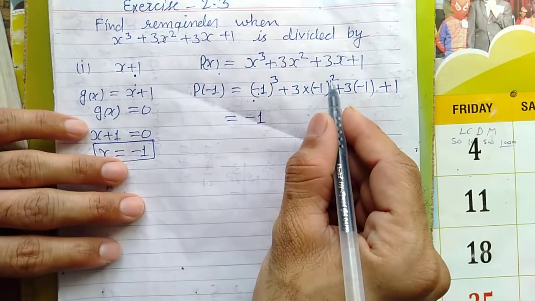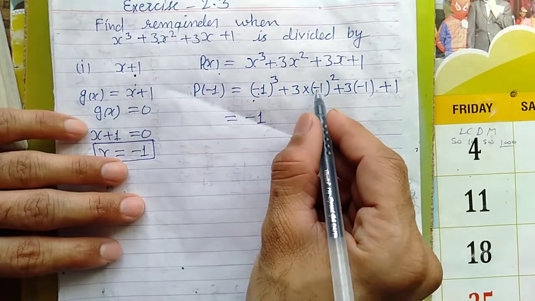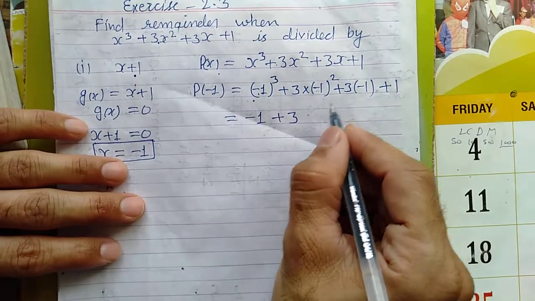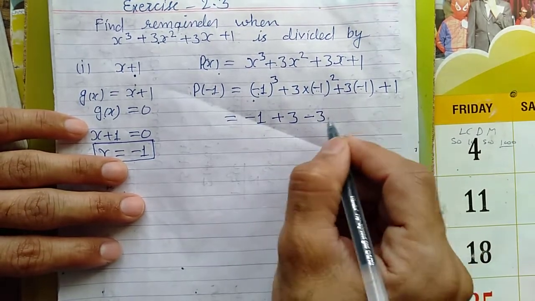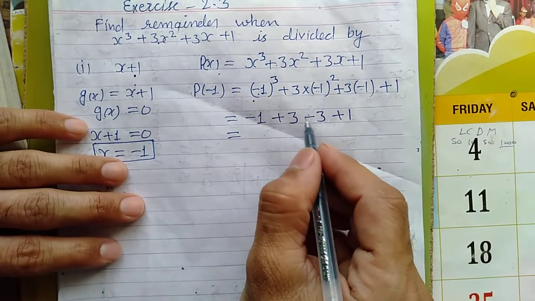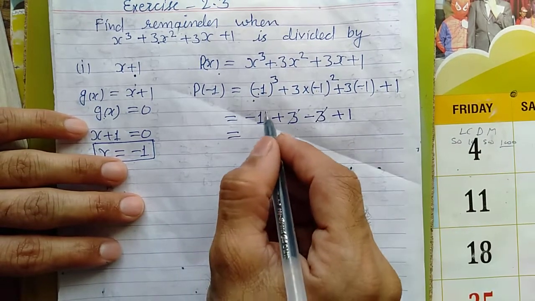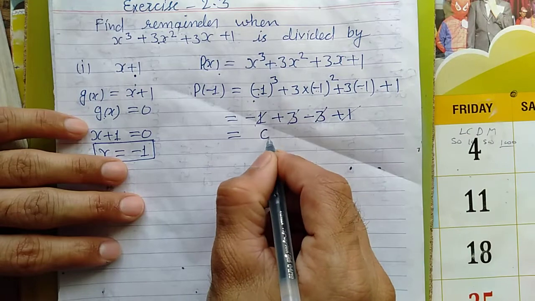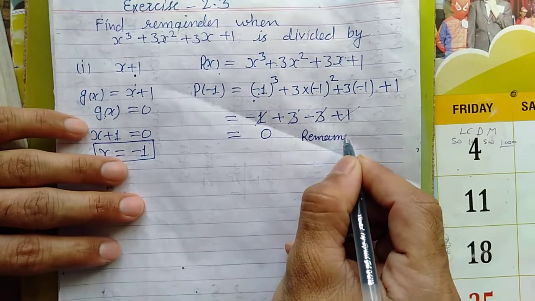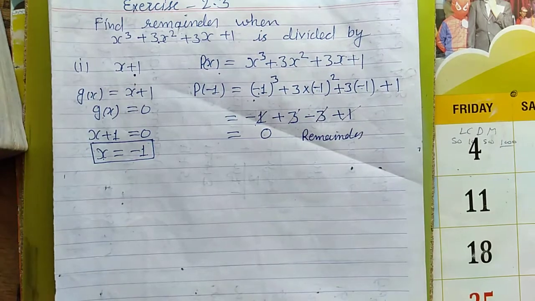Here square means positive, so plus 1, and 3 times 1 is 3, so plus 3 will come. Here 3 times minus 1, minus 3 will come, and plus 1. So it is minus 1 plus 3 minus 3 plus 1, which equals 0. It means the remainder is 0. Okay, without division we can find the remainder of the polynomial.